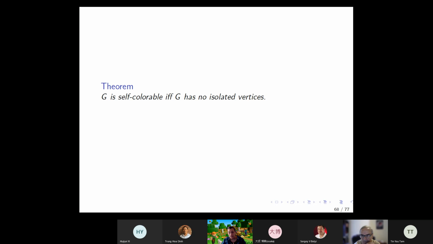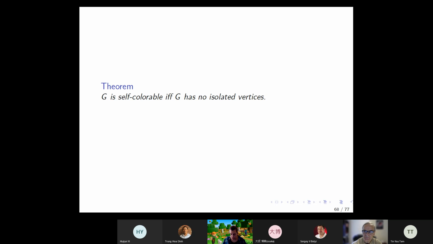We can have little trees, and we can have the violator of the original theorem, the claw, because the claw has no isolated vertices. It is self-colorable. The claw, K_{1,3}, does not have a spanning subgraph that is entirely made up of cycles and single edges.